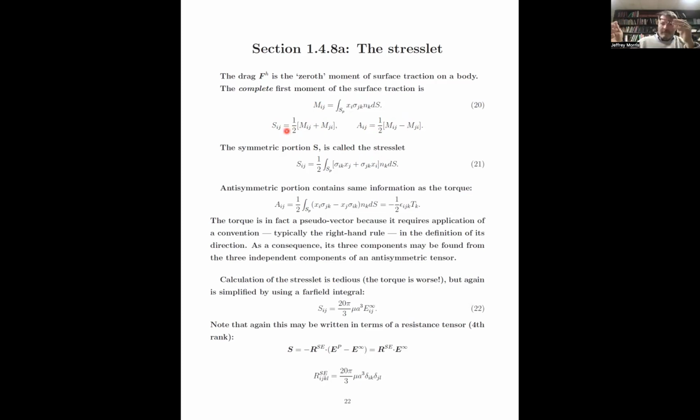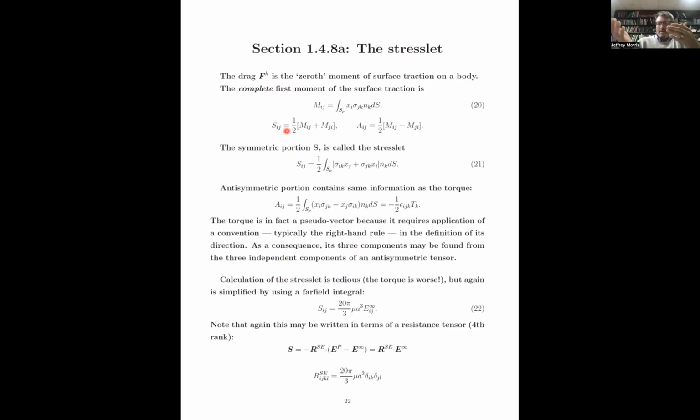So for those who aren't familiar with the stresslet, it can be quite difficult to think about, because the stresslet doesn't enter into the equation of motion for the linear momentum, nor does it enter into the equation of motion for a body, where we're asking what its rotational motion is.